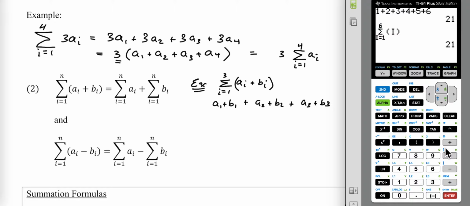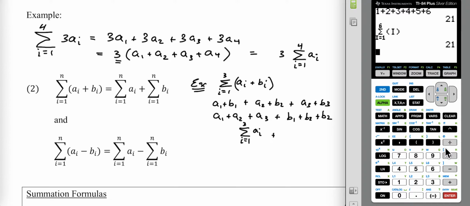Now we can reorganize this. We can regroup so that we have a sub 1, 2, and 3 together, and then b sub 1, 2, and 3 also together. Right. So that a sub 1, 2, and 3 would be written as the sum from i equals 1 to 3 of a sub i.